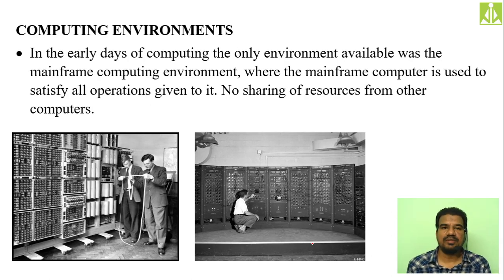The computing environment is the way we use the computer hardware. Whenever we go for a computer, why do we go for it? Because it eases our day-to-day work. It is very easy to get a job of 100 people done with the help of a computer, isn't it?